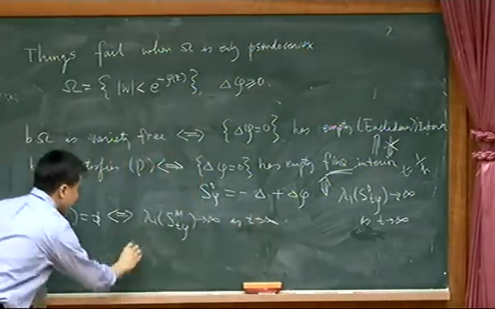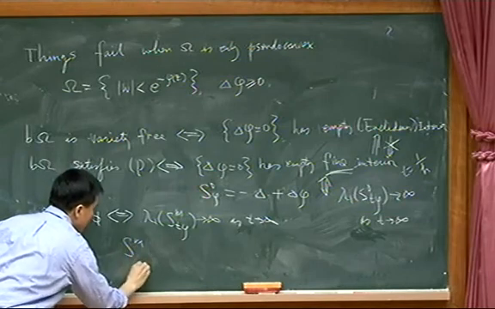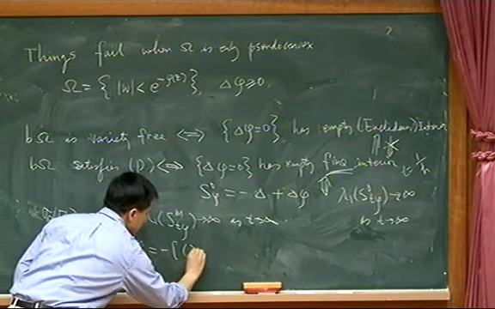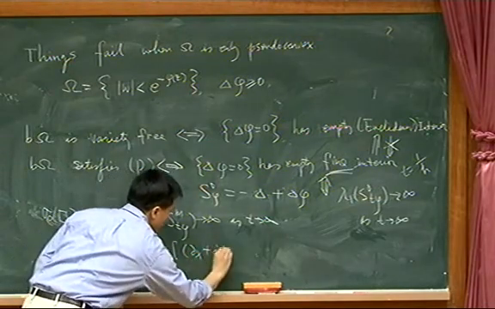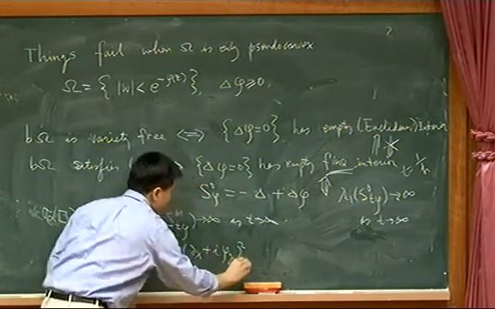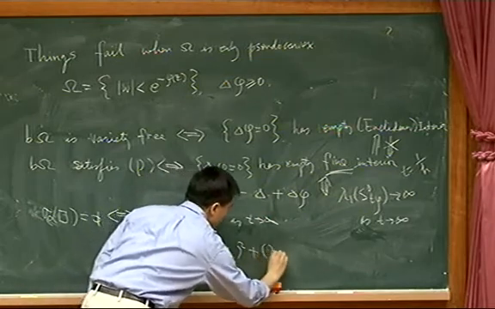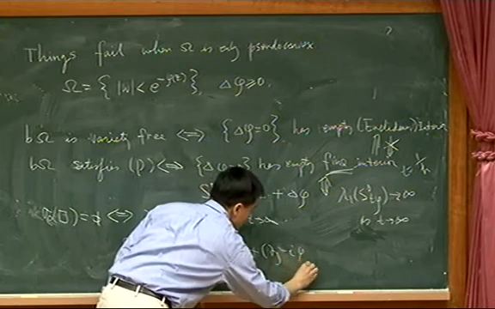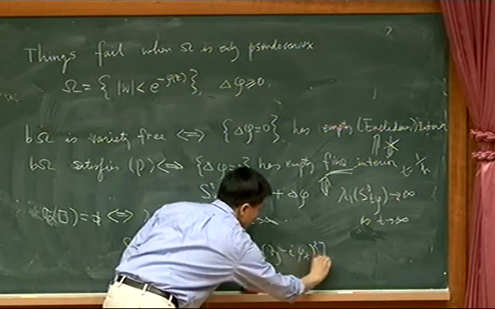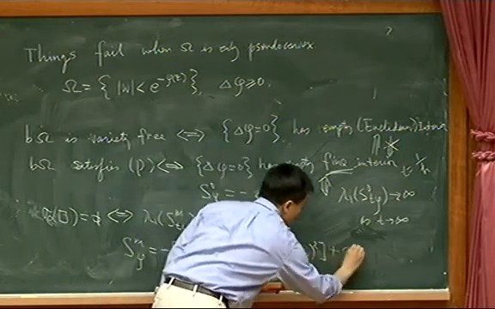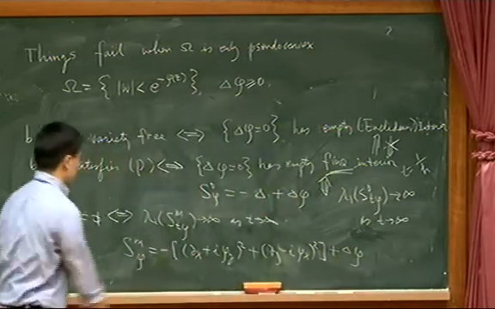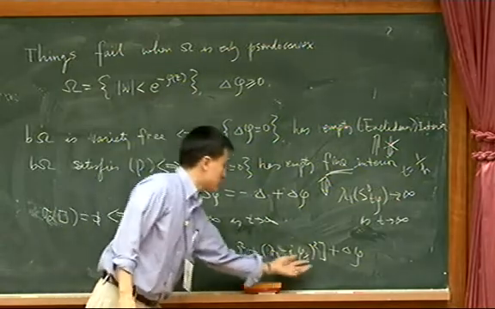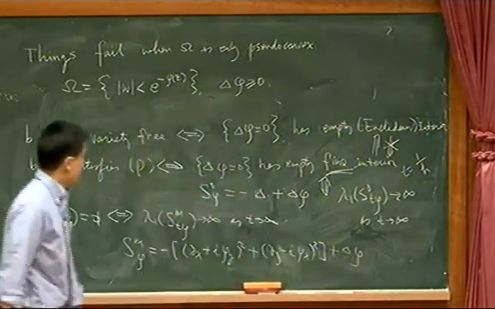Now, this is just this Schrödinger operator with magnetic potential, minus i phi x squared. So this is a magnetic Schrödinger operator with this magnetic potential and this electric potential.